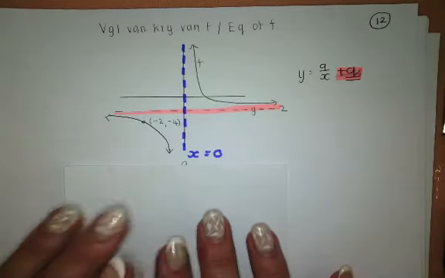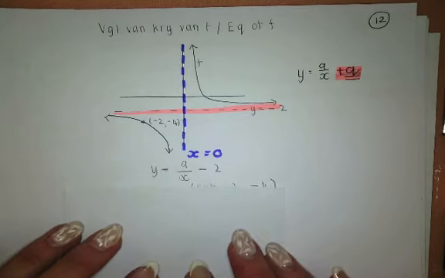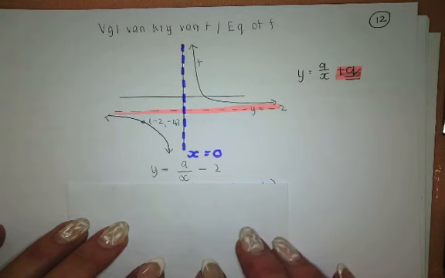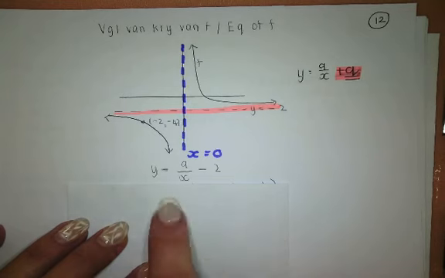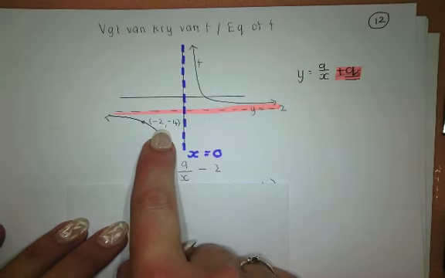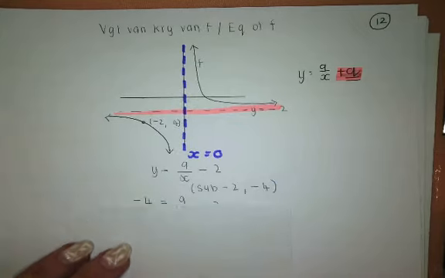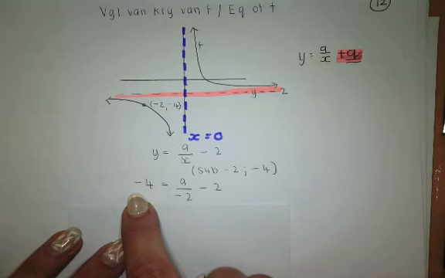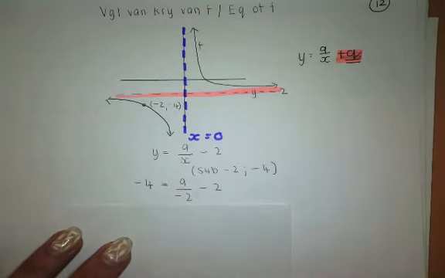So we can straight away substitute our asymptote in for q. Do we have another point to substitute in for x and y? Yes, we do. We've got negative 2 and negative 4. So in x's place, I'm going to put in negative 2, and in y's place, I'll put in negative 4.